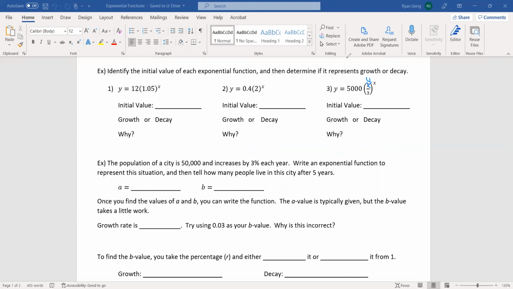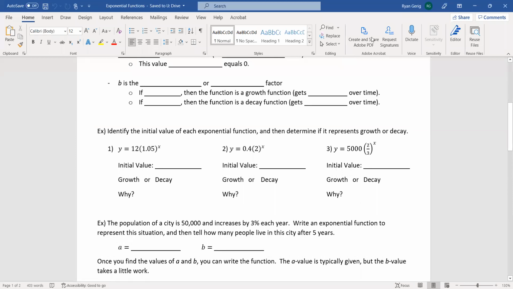Okay, so just because it's a fraction does not make it decay. Make sure you make that clear. Second thing is, I didn't say this up here, I should have said it. B can't be negative. We got a different animal when B is negative. So B can't be negative. I kind of said that in the inequality, but just want to make sure you understand B cannot be negative.